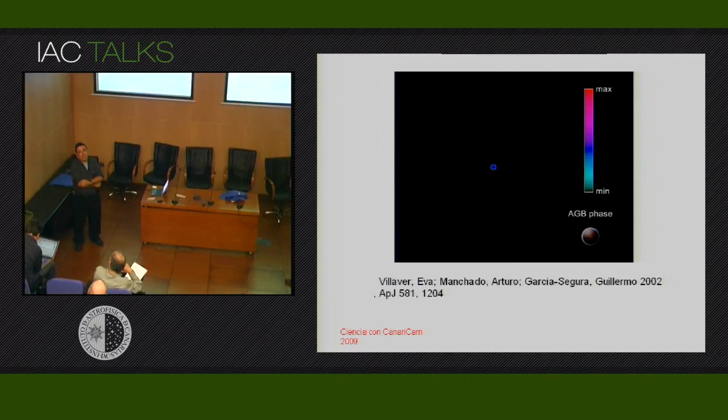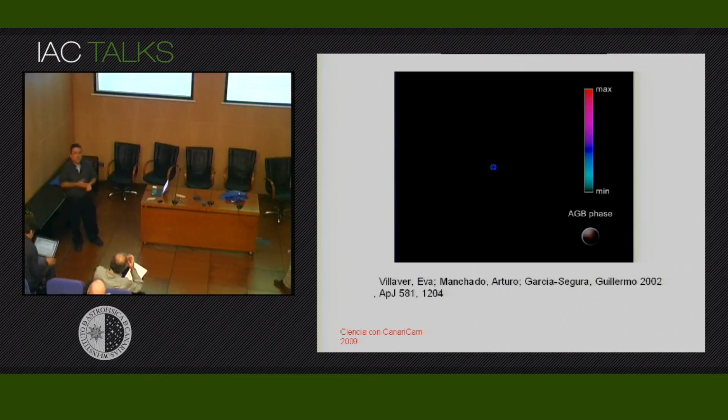And from the observational point of view, there are very few objects that have been observed. And also, of course, there are a lot of uncertainties because I'm making some assumptions here, such as the distance.